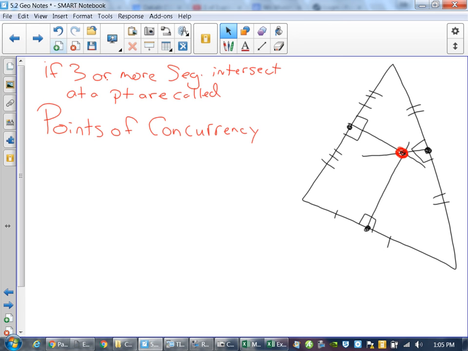So here's what happens. Point of concurrency: the perpendicular bisectors, three of them, intersect at a point called the circumcenter.